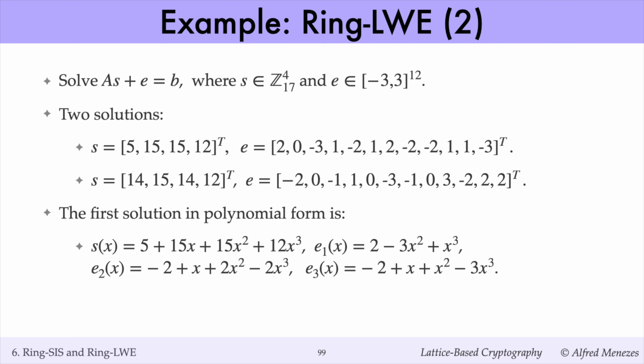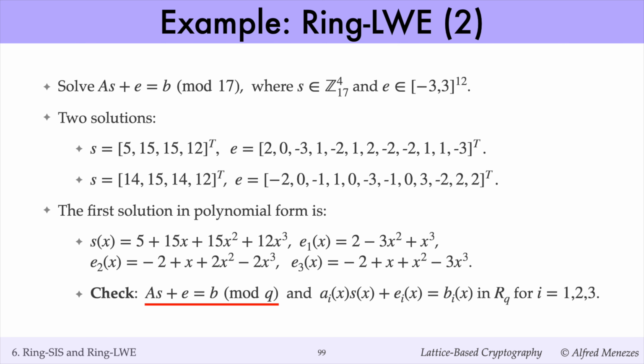The polynomial form of the first solution is S, E1, E2, and E3. You can check that As plus E equals B modulo Q, and that Ai times S plus Ei equals Bi for i equals 1, 2, and 3.